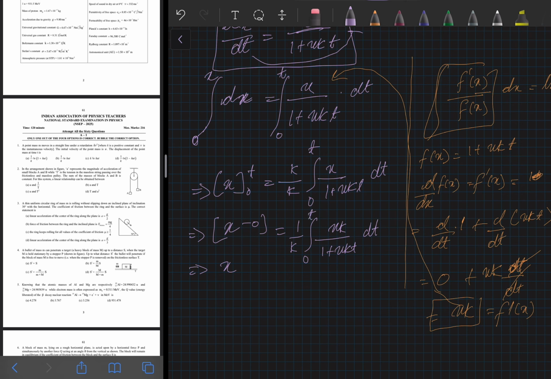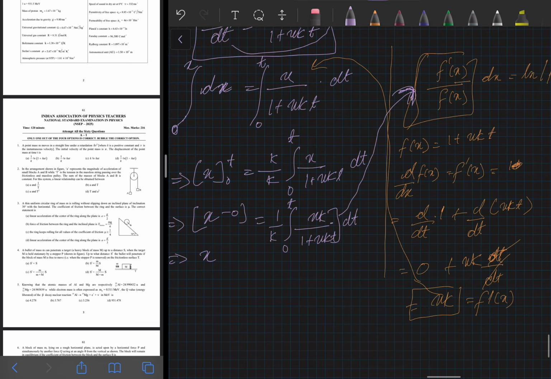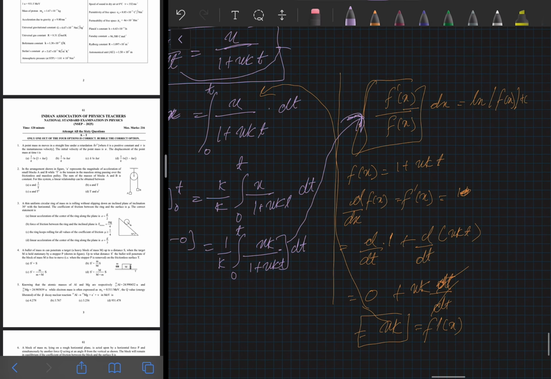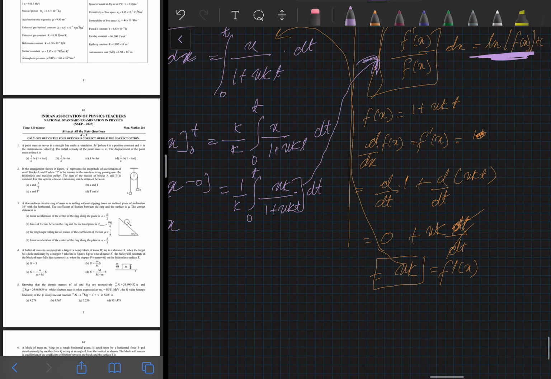Now this thing is in the format f dash x by f of x, and since it is in that format, you can use this, which is natural log of f of x, where f of x is 1 plus ukt.